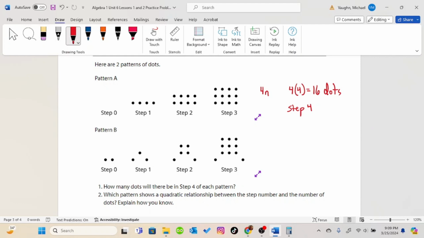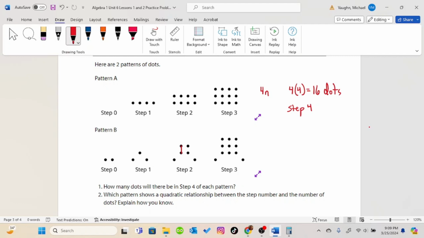Pattern B. We can see that we start out with 2 dots on step 0. Then we have 2 dots and 1 in step 1. We have 2 dots and 4 in step 2. And we have 2 dots and 9 on step 3.